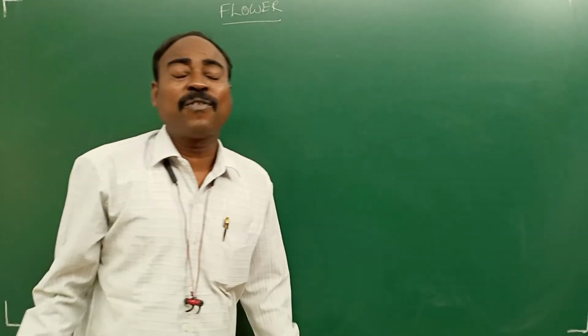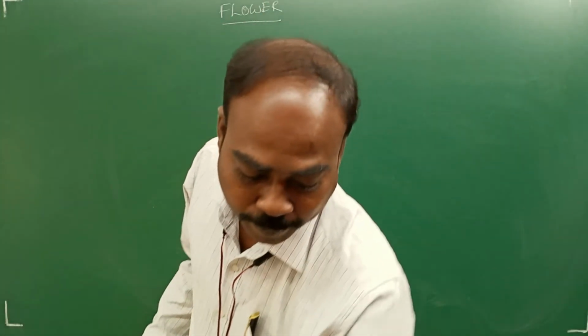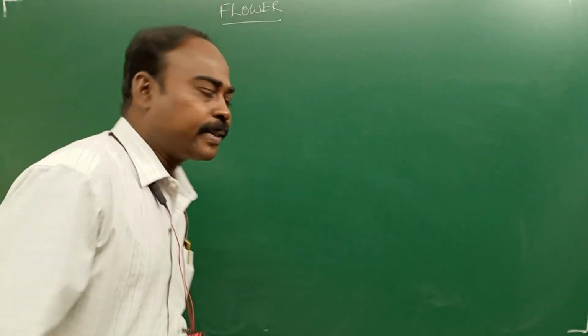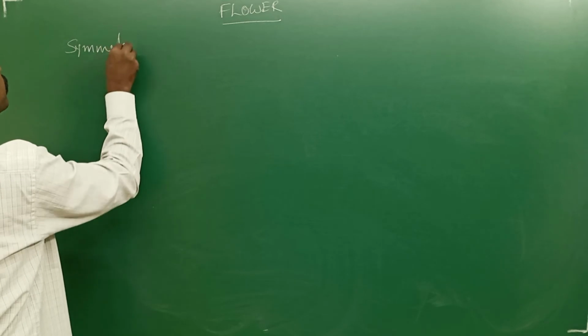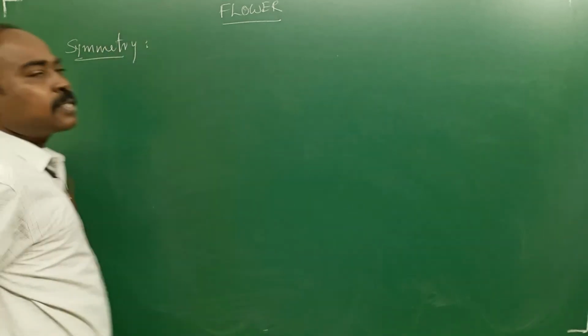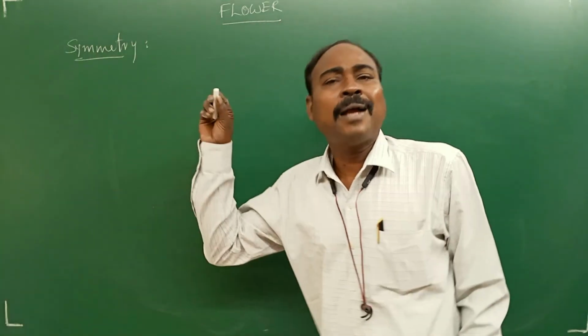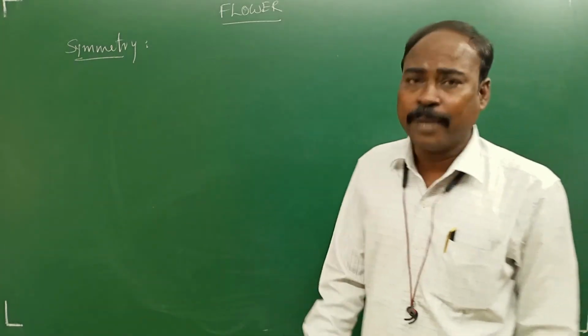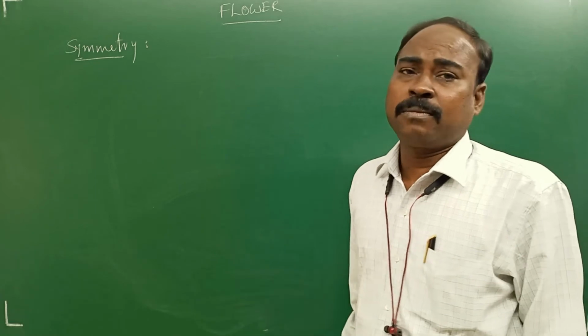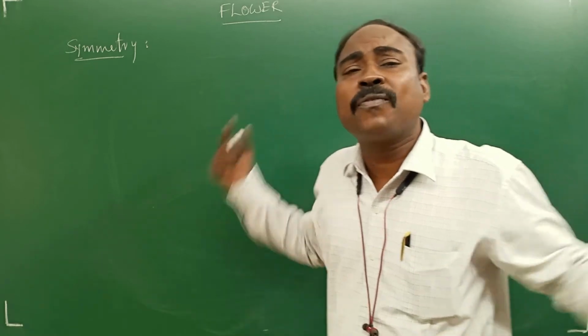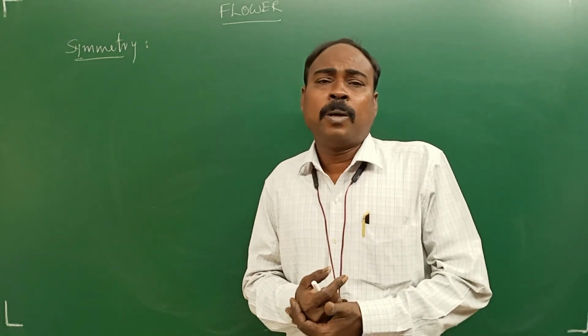So, brief morphological structures of flower was completed, right? Next, symmetry of flower. Symmetry means structural arrangement of the floral leaves in different flowers. We know we have a large number of angiospermic plants, large number of groups.